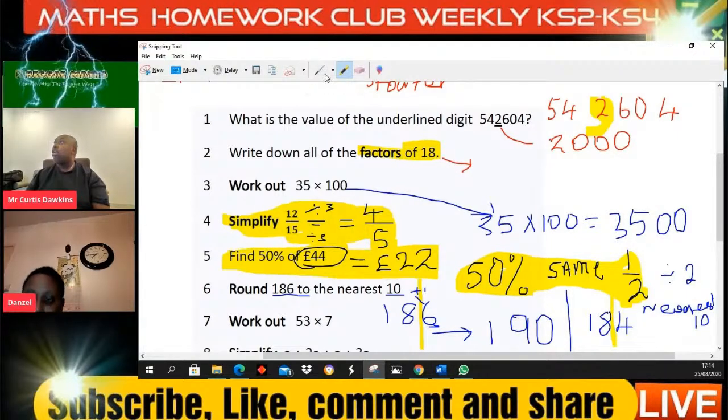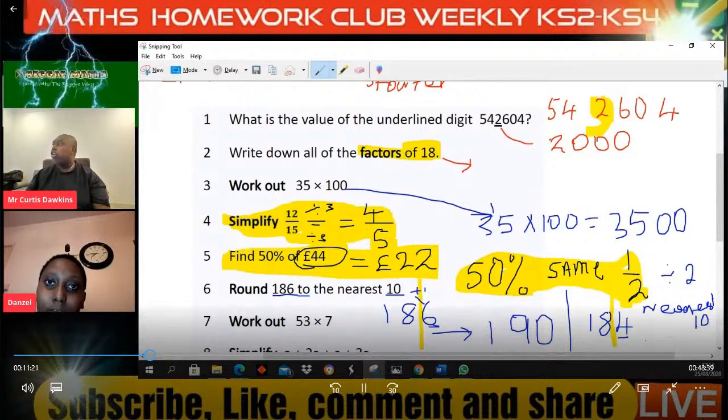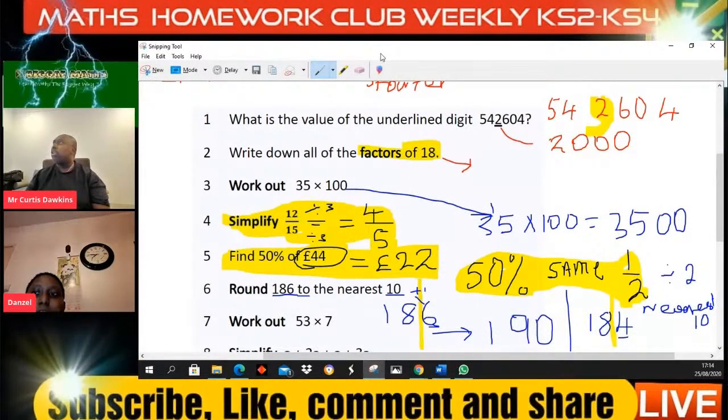Is this number higher than the unit number? Is it higher than 5? No, so you're going to leave this. The answer is going to be, to the nearest 10, 180.